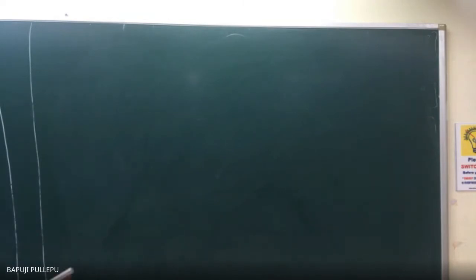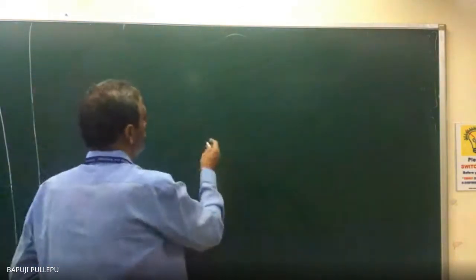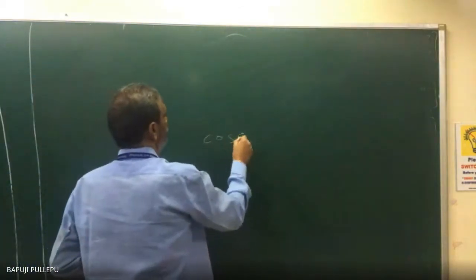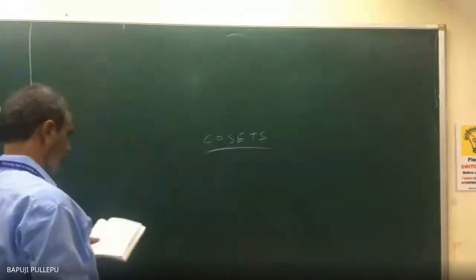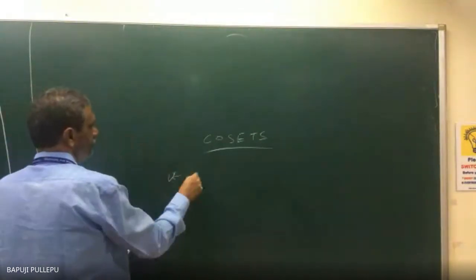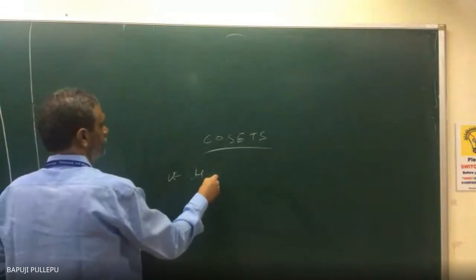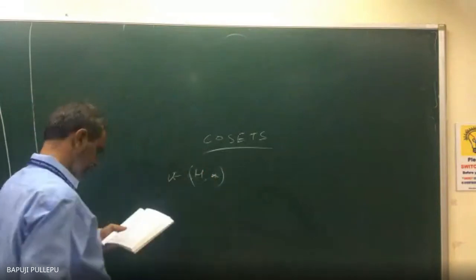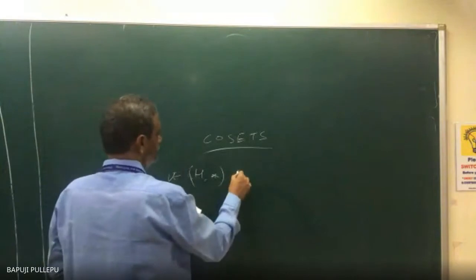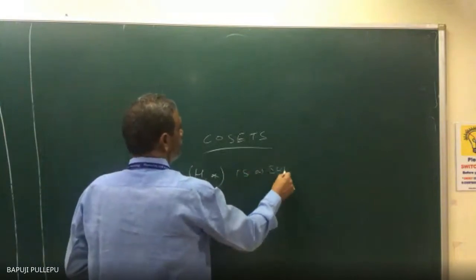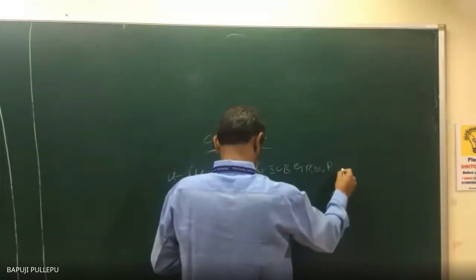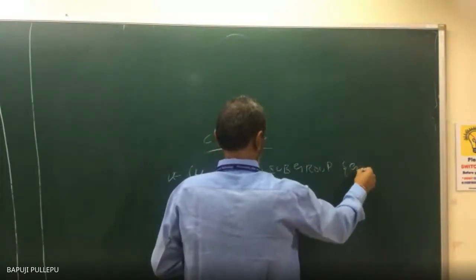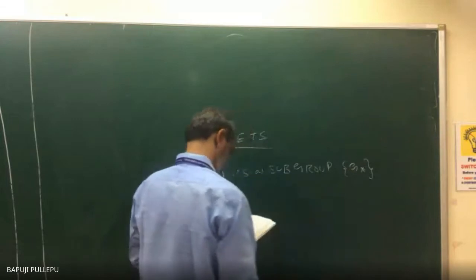Now come on, coset. H star is a subgroup of G star.